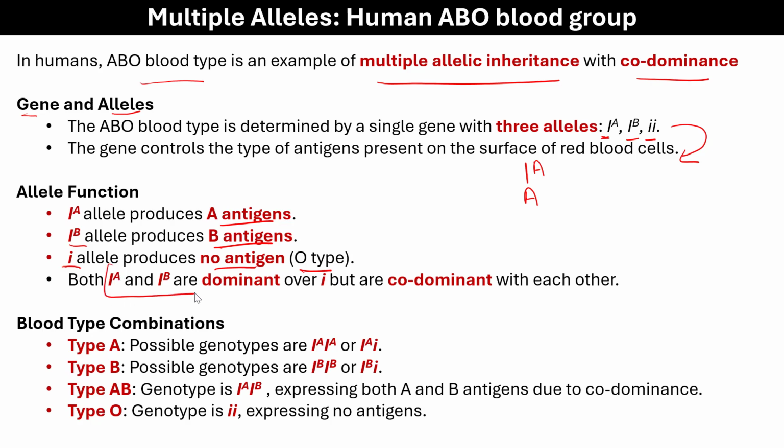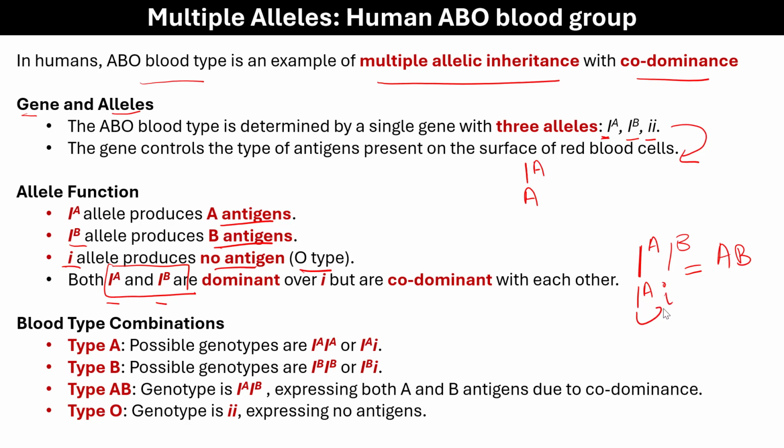Another condition that's given to you is that IA is co-dominant with IB. So if it is IA and IB, there is co-dominance, so the character will be AB blood type. If you have IA and i, it's different.